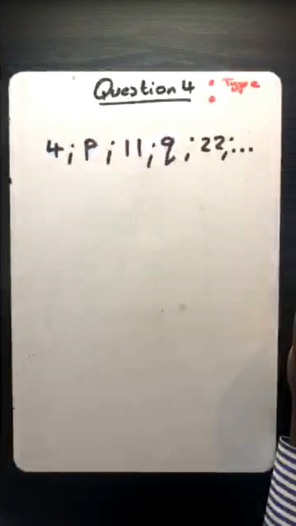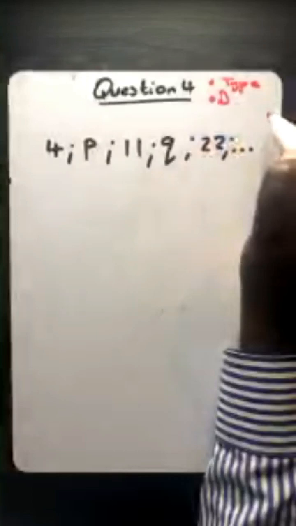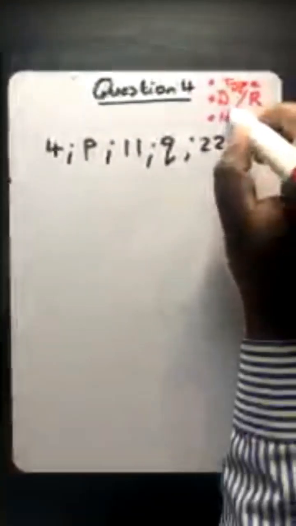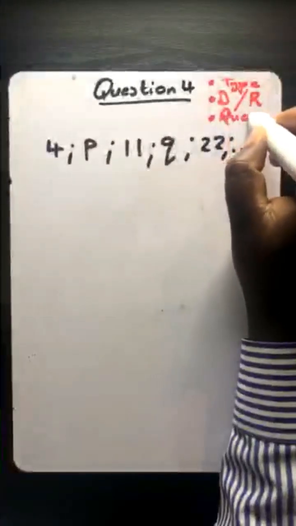That would be determining the type, and then from there, you get the difference, which could be the first or the second difference, or otherwise the ratio, depending on the type of number pattern it is. Lastly, that's when you can start looking at the questions.